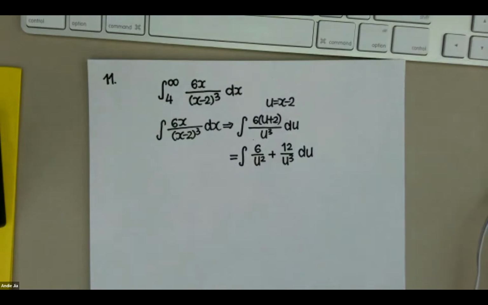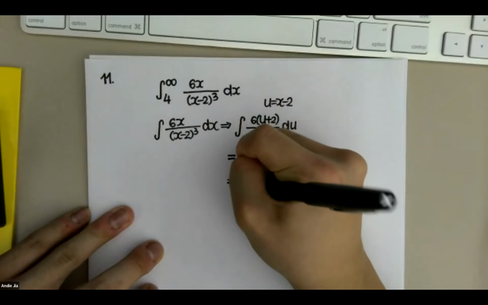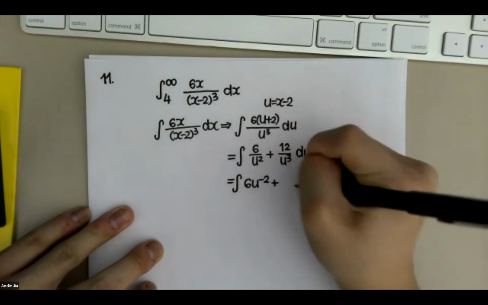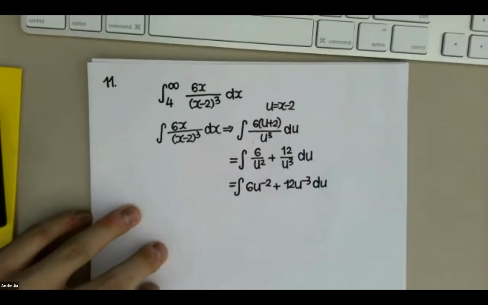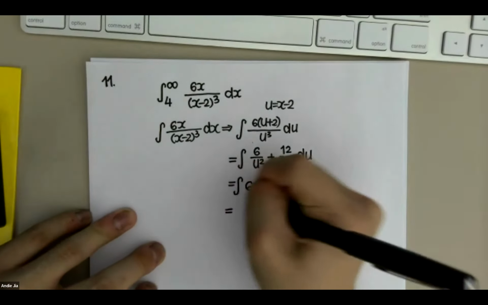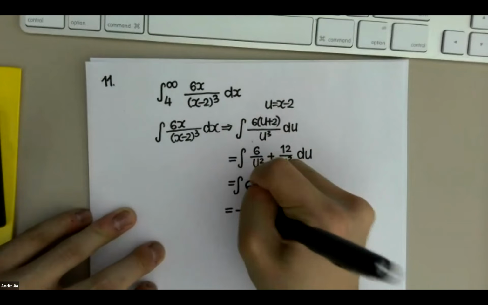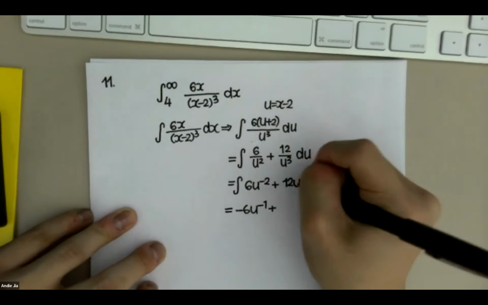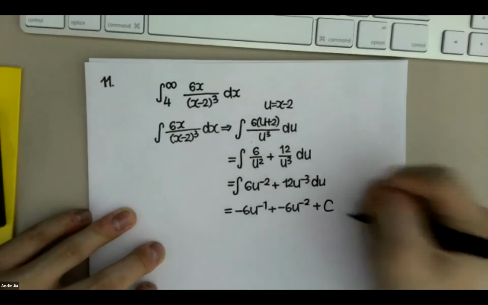I would write them in negative exponent form, so it's easier to find the antiderivative. So the antiderivative of 6u to the negative 2 plus 12u to the negative 3, du, is going to be negative 6u to the negative 1, plus negative 6u to the negative 2, plus the constant of integration.